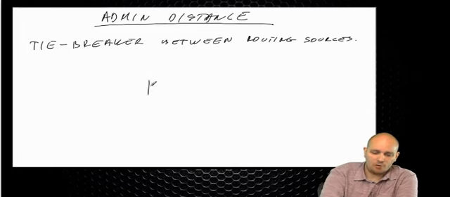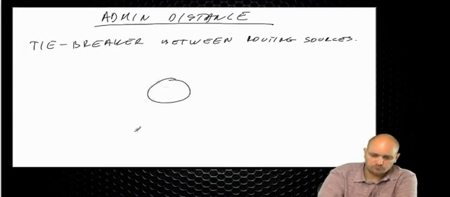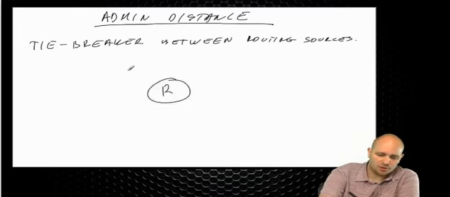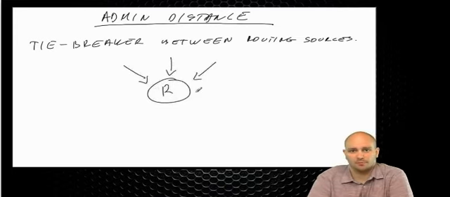So if we have a router, and this router here has multiple sources of routing information, so the information is coming from multiple protocols.